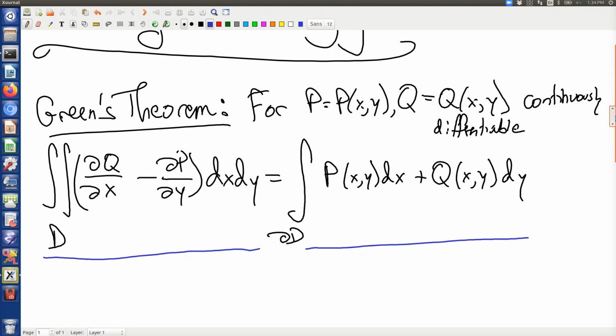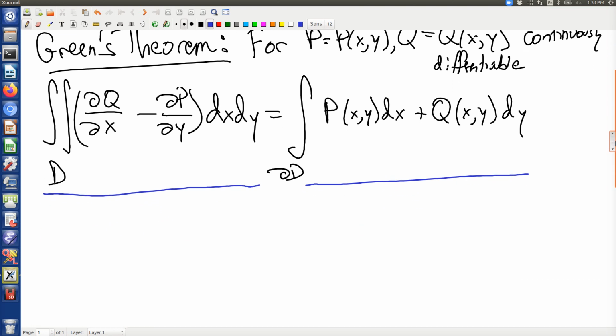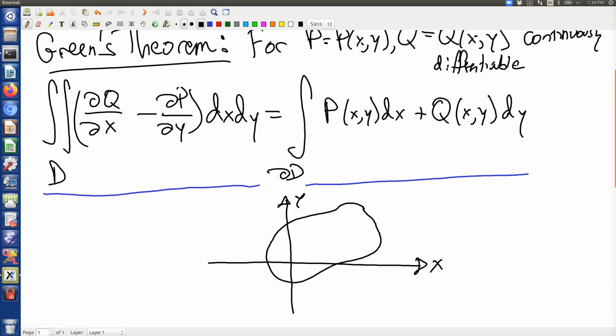The picture that goes with Green's theorem is always helpful, and is also helpful in our case. If I have x and y, and I have some simply connected region D, then the boundary of D goes around the outside of it, like so.